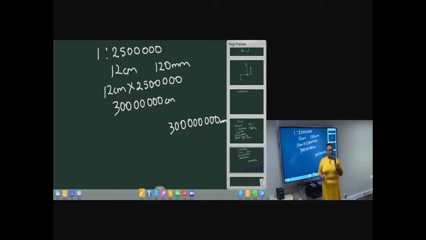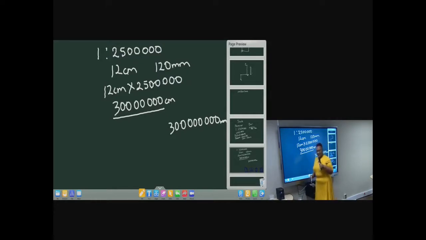The question will be, calculate the actual distance in kilometers, for instance, because that's mostly how distance is represented in reality. After you have multiplied by the unit scale, the next thing you do is a conversion.